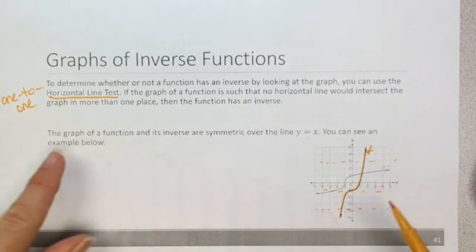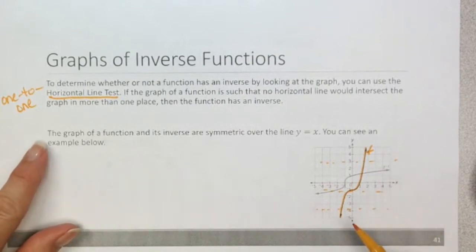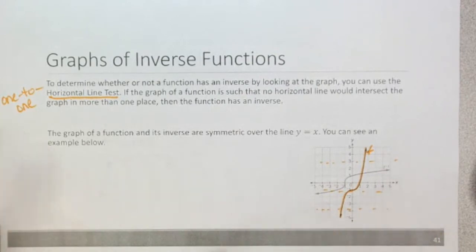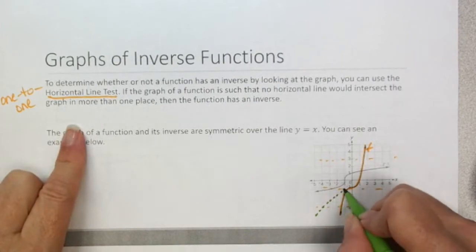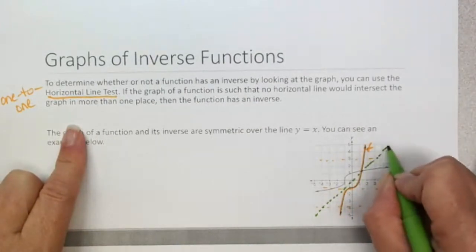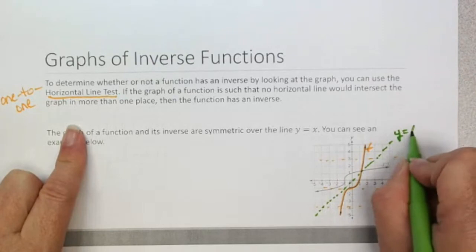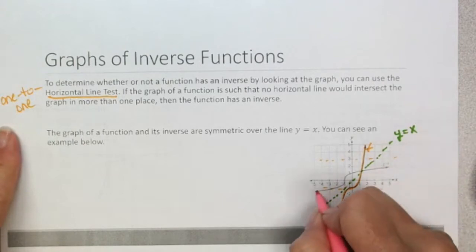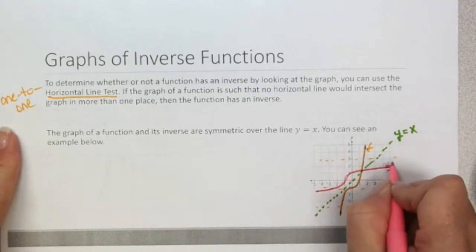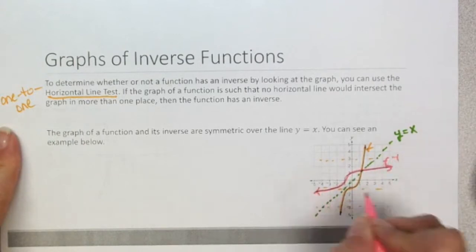The inverse graph, the graph of an inverse function, is going to be a reflection about the line y equals x. So if I were to put the line y equals x in here, it'd be right here. That's the line y equals x. And we can see that these two graphs, f and f negative 1, we'll make that one pink. But this is f negative 1.